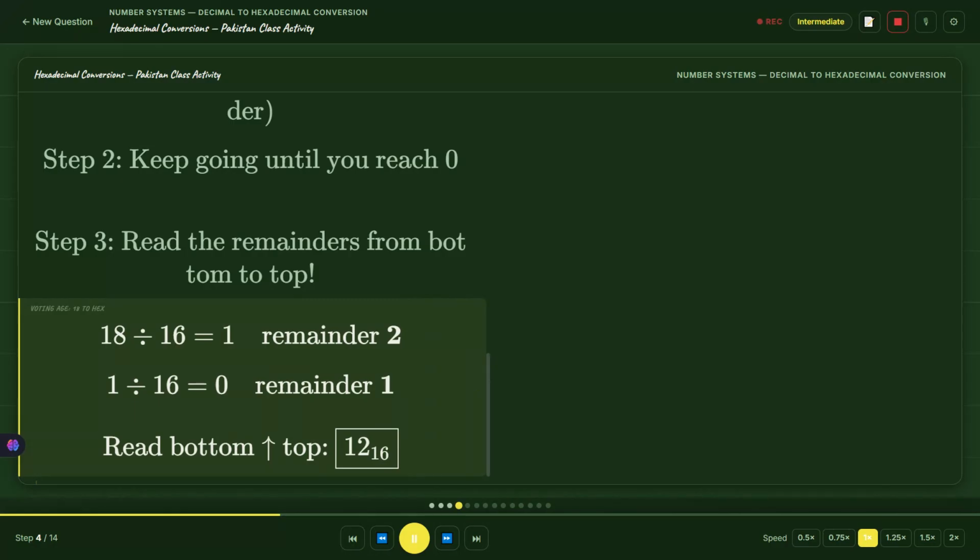Let's start with 18, the voting age. We split 18 into groups of 16. That gives us one group with 2 left over.